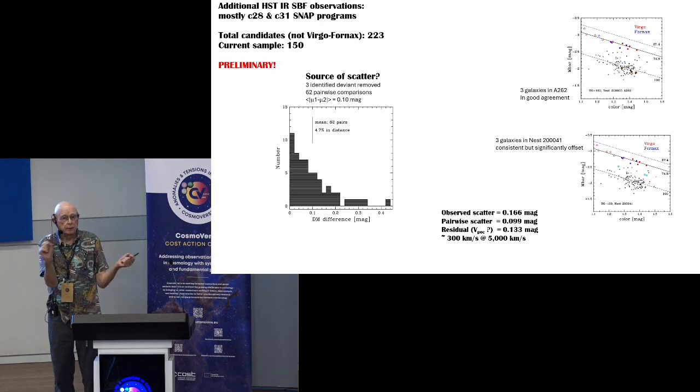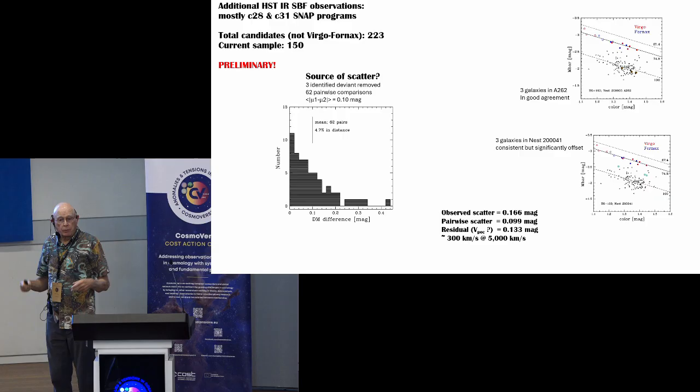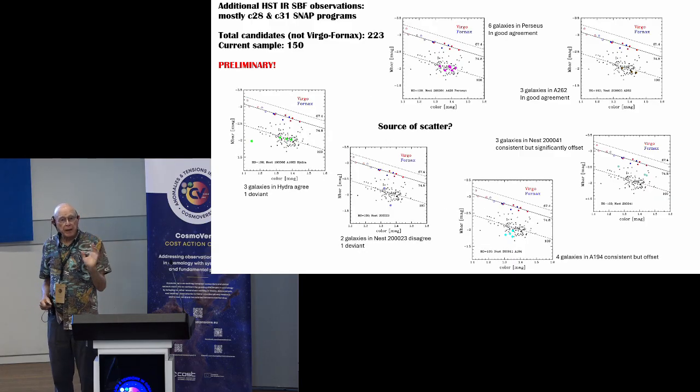So in these cases the two galaxies have to be at the same distance, and we can then look at the scatter in our M-bar measurement of the surface brightness fluctuation.